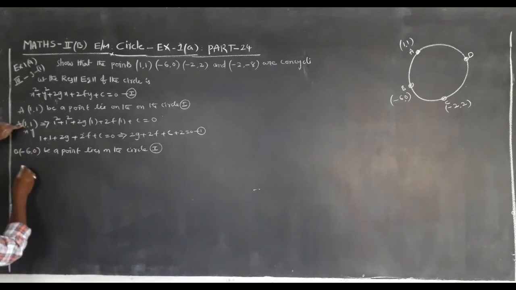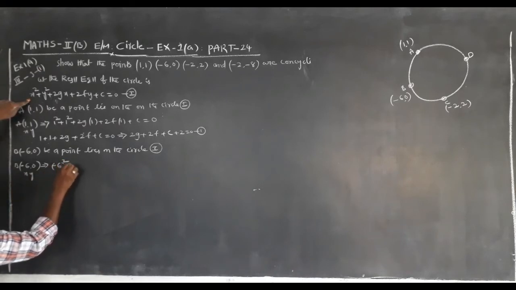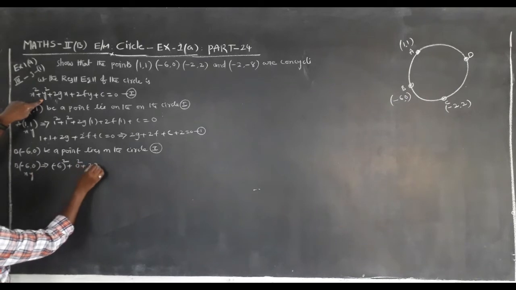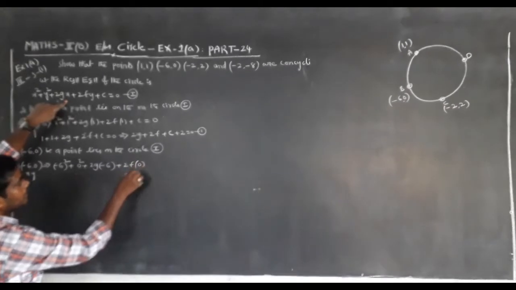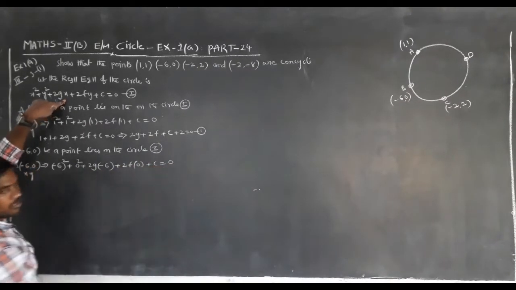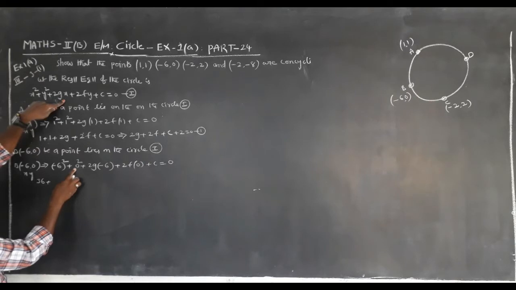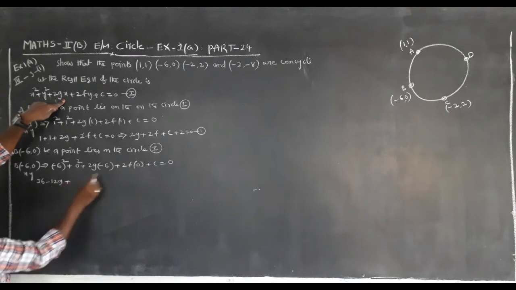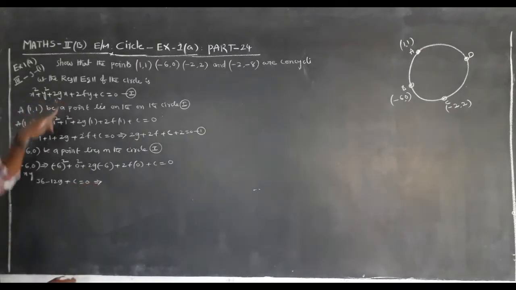Substitute in equation 1: (-6) whole square plus 0 square plus 2g into (-6) plus 2f into 0 plus c is equal to 0. (-6) whole square is 36, 0 square is 0, 2 into (-6) is -12g, plus 0 plus c is equal to 0.